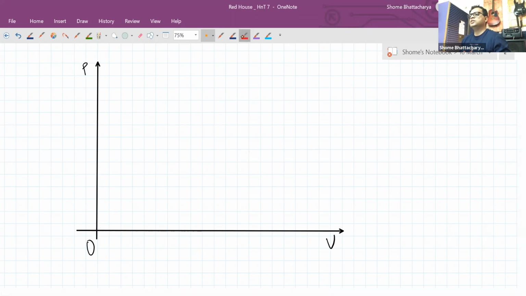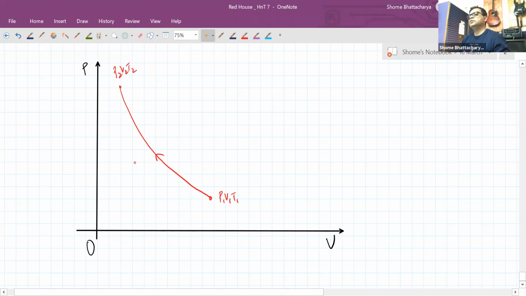So our first process is an adiabatic compression. Let's say that is this one. So this is our P1, V1, T1 to P2, V2, T2. This is the adiabat. Okay. Then remember our last process is going to be isochoric.